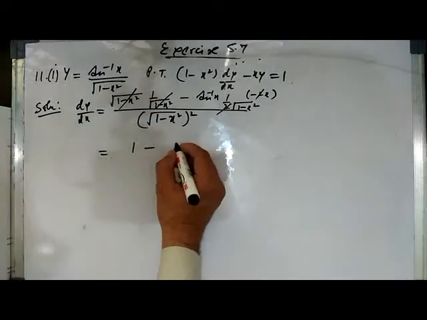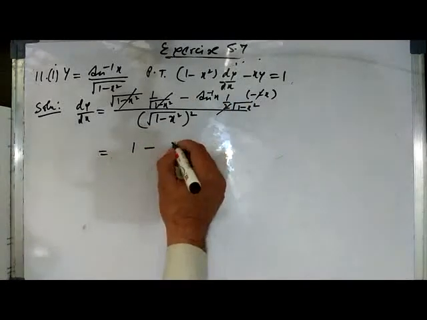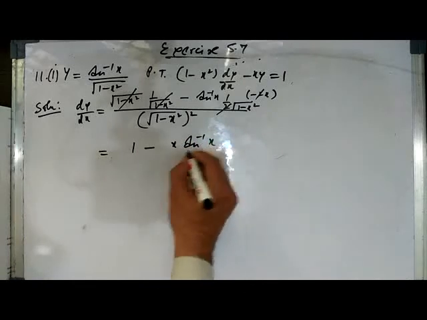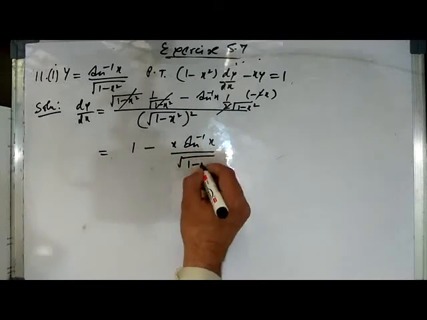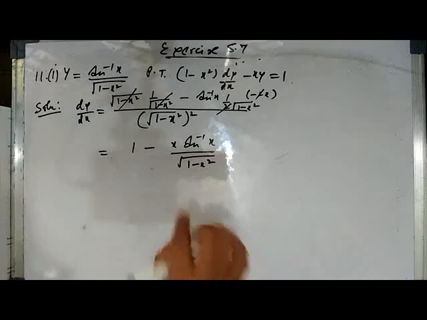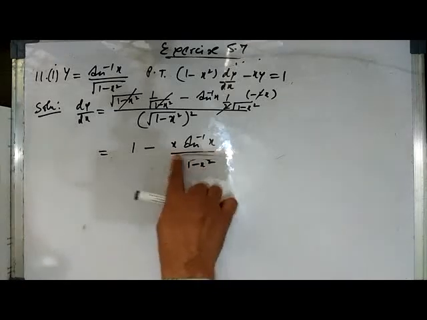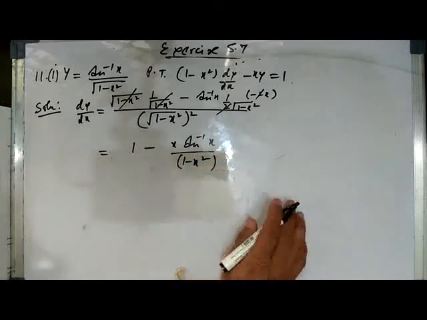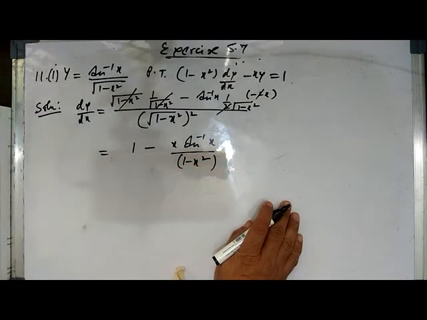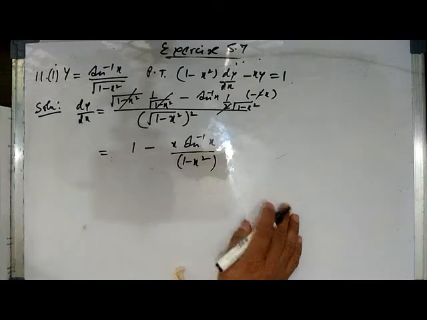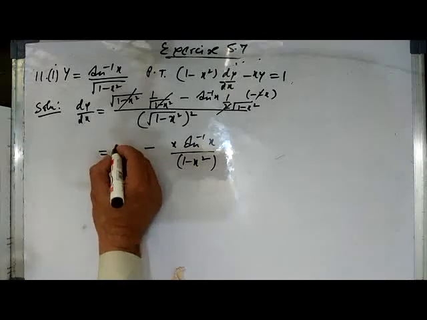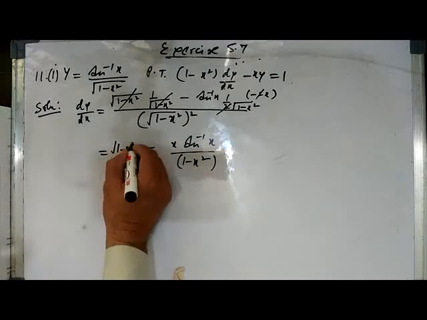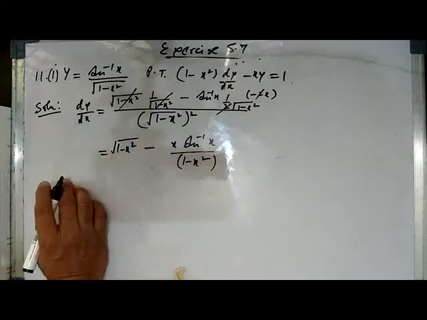Or another way, you may simplify in this way also. 1 minus, plus x sine inverse x root 1 minus x square. I'm sorry, because of the square root, the root symbol will go. And here it is under root 1 minus x square.